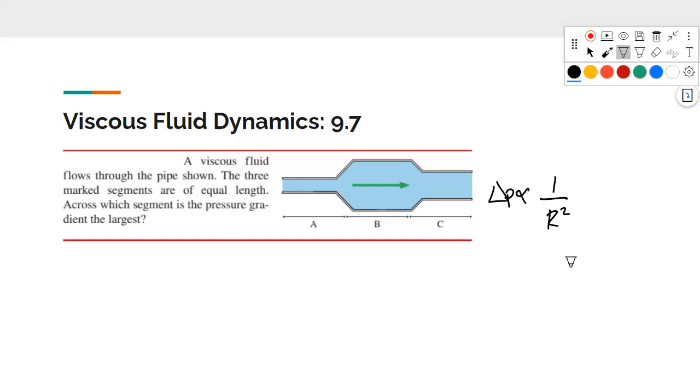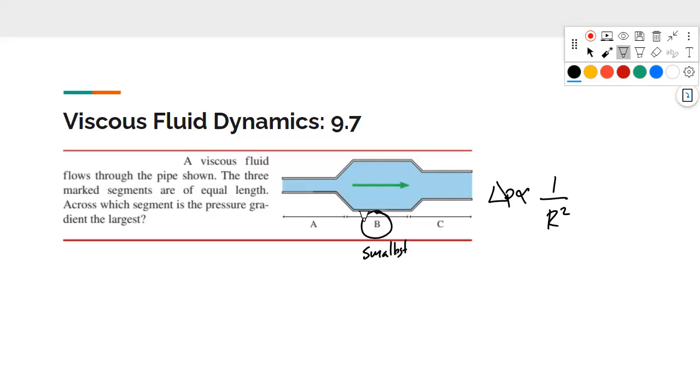So say delta P is proportional to 1 over r squared. And so as we get into the bigger section, section B, the denominator increases, so the pressure change decreases. So the pressure drop here is the smallest, but they want to know what pressure drop is the largest.